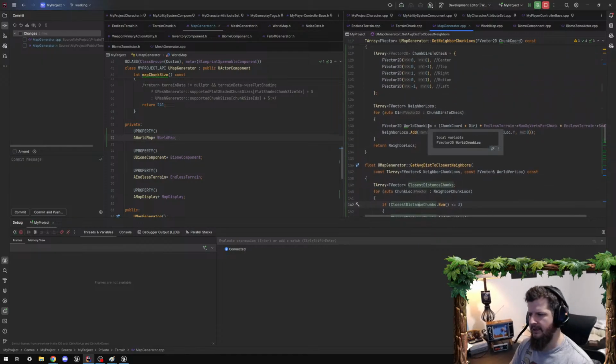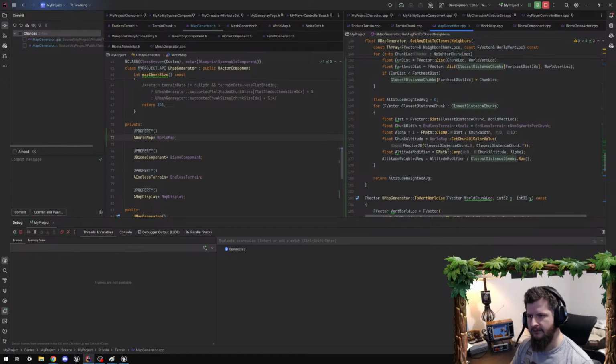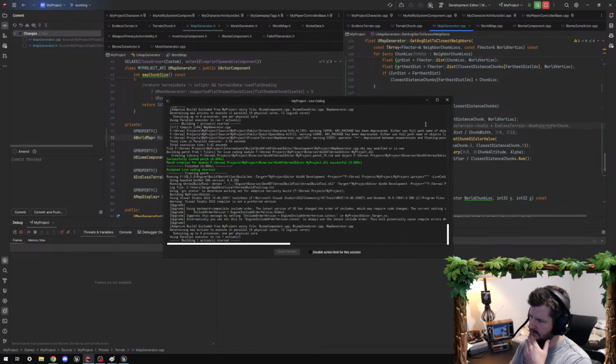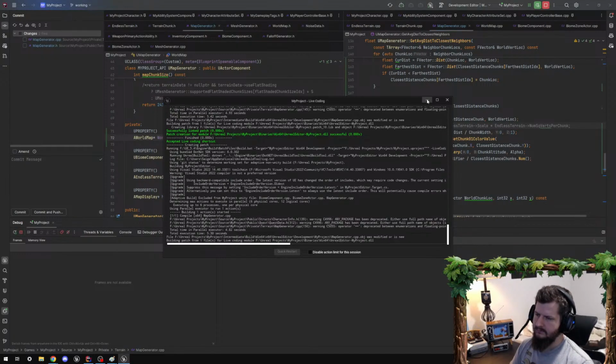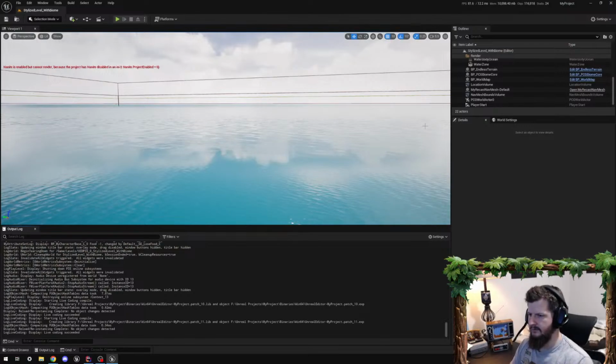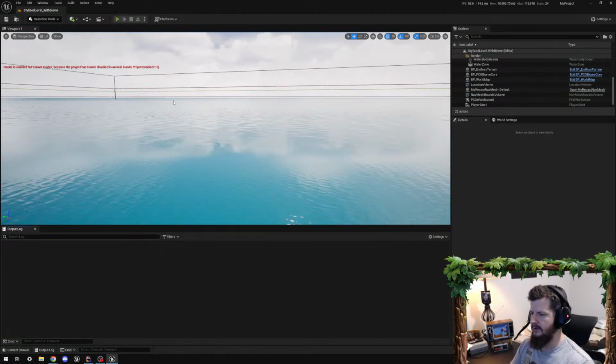Do I need... I don't foresee... I determined that 400 would have been the max distance. I'll change this to, okay, whatever.